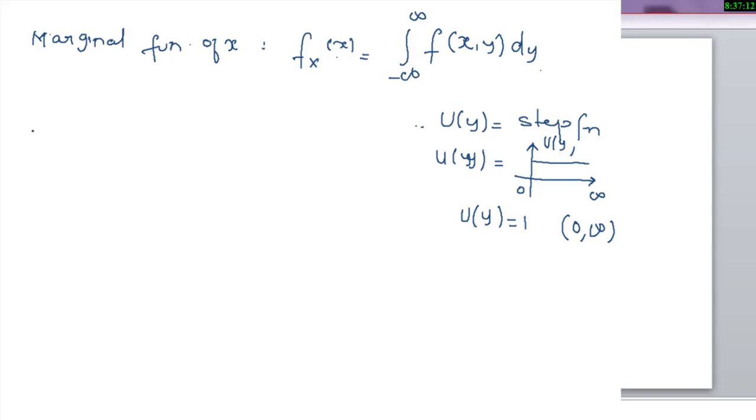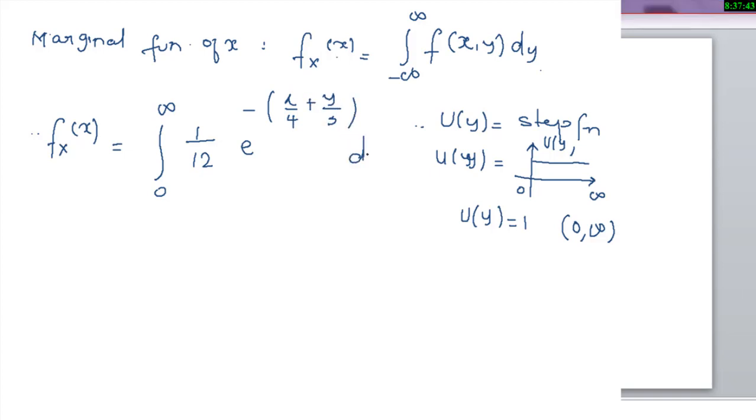Now let me substitute. The marginal function of x is the integration, with limits of y from 0 to infinity, of the joint function 1 by 12 e power minus (x by 4 plus y by 3) into d of y.